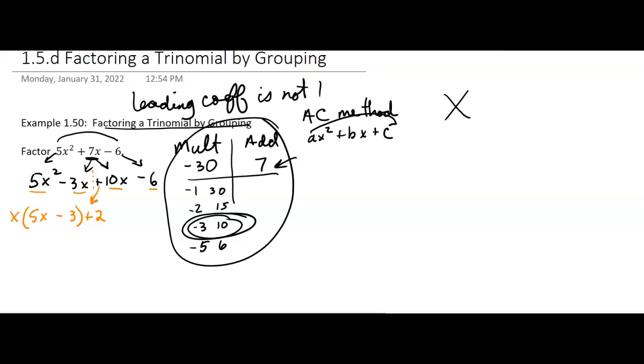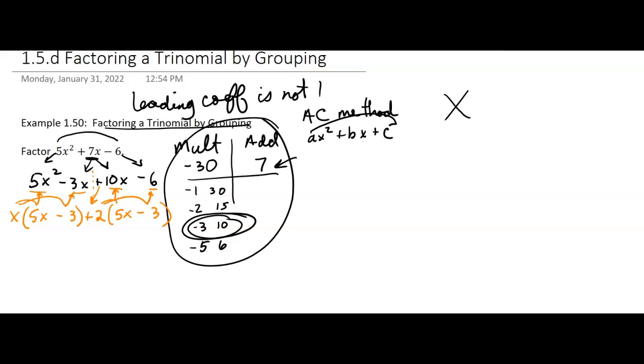It goes by that symbol right there. And then when you factor out a 2, you have left 5x minus 3. You see 2 times 5x, that's the 10x. 2 times negative 3, that's the negative 6, okay? You do the same thing over here. x times 5x, that's the 5x squared. x times negative 3 is the negative 3x. Okay, anyway, that's how it all works out.